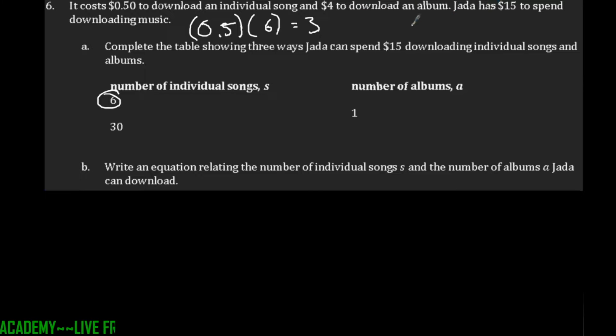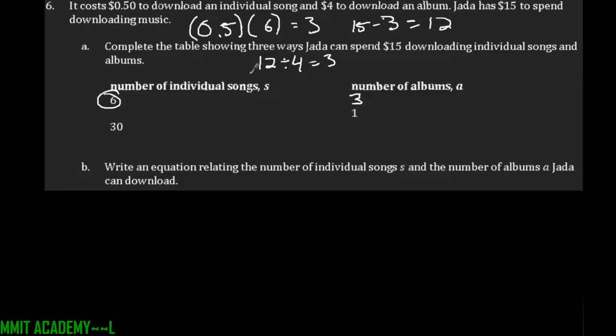So that means if we do 15 minus 3, we know that there's $12 remaining to spend on albums. So if it costs $4 per album, we can do $12 divided by 4 to get our number of albums, which would be 3.